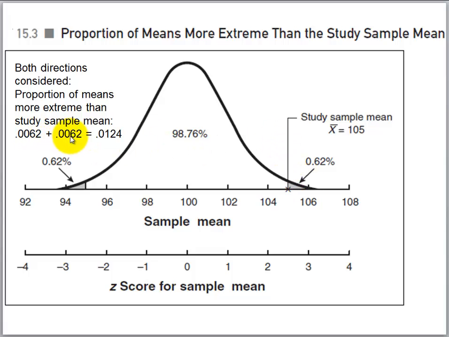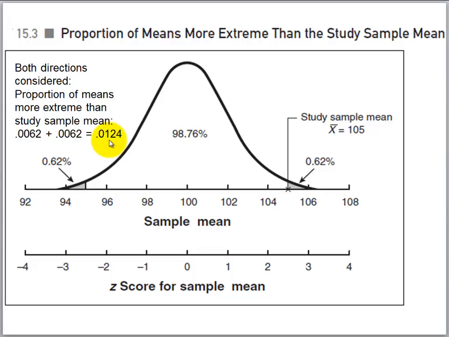We sum those probabilities to take both tails into account, and so we can answer the question, what is the probability of obtaining, just by chance, by the luck of the draw, given a true null, a study sample mean that is as extreme as our obtained mean or even more extreme?